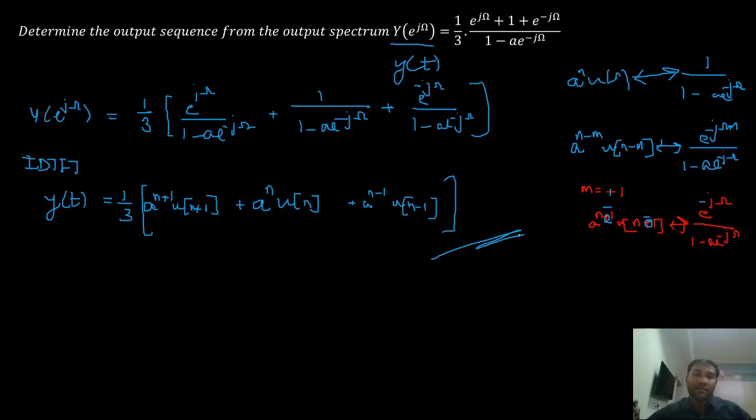This is the inverse DTFT. So this is how we'll use the properties of DTFT and the analysis and synthesis equations to find the DTFT of any given sequence, or the inverse DTFT of any given spectrum. So that is the end of unit 3.